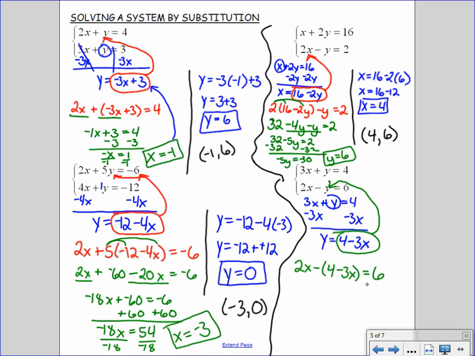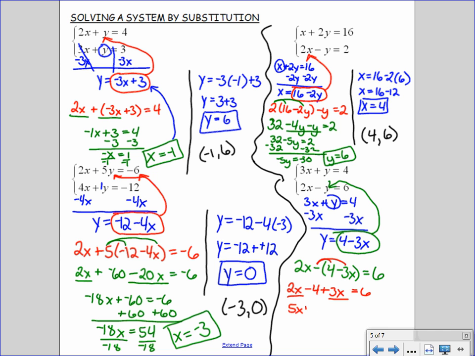Since I have to subtract this whole thing, I'm going to need to make sure that I distribute the minus sign to both the 4 and the minus 3x. So we get that 2x minus 4, and a minus times a minus is a plus, 3x is equal to 6. Combine my like terms.